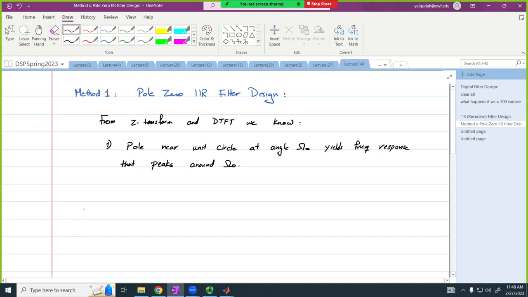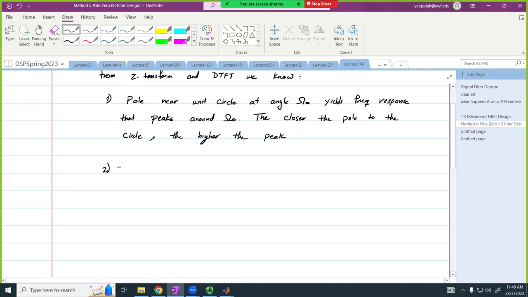And the closer the pole to the circle, what happened to that peak? The higher the peak.